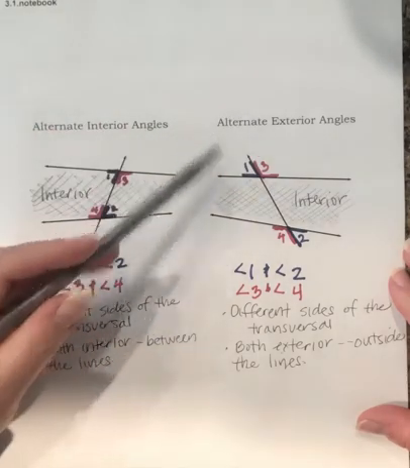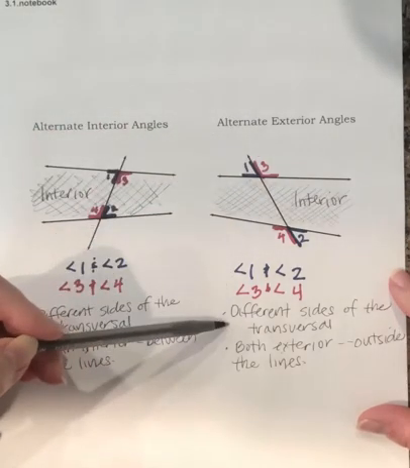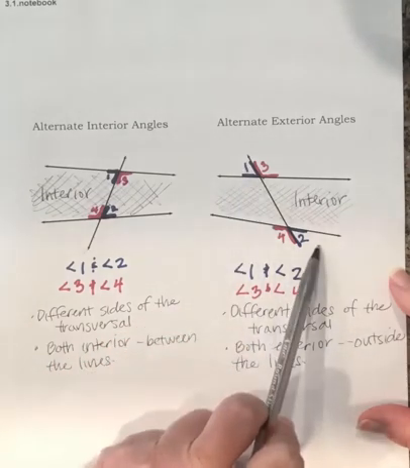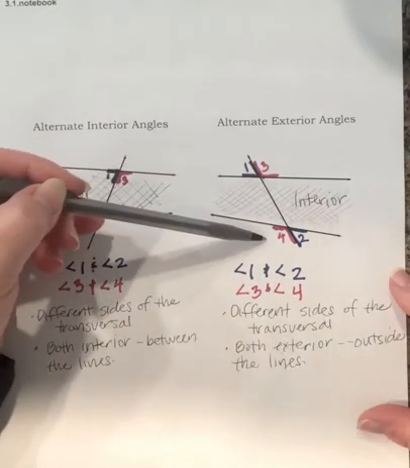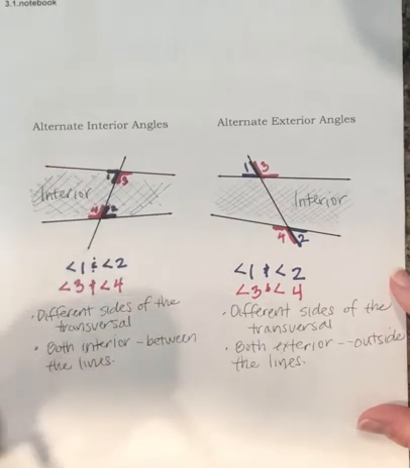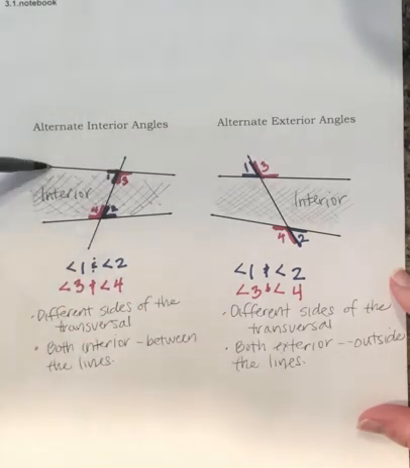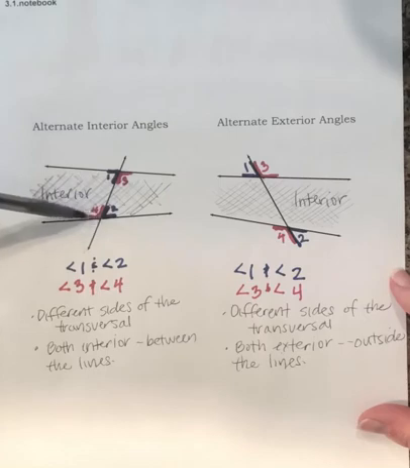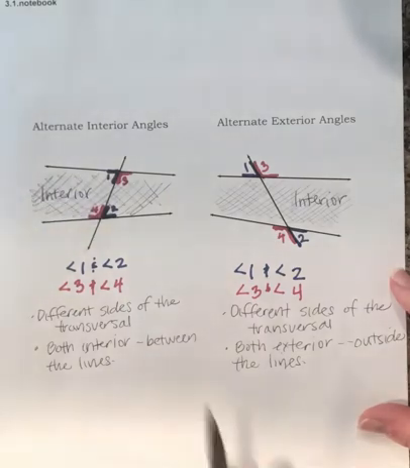So again, these angle pairs are still on different sides of the transversal, because 1 is on the left, 2 is on the right, 3 is on the right, 4 is on the left, but they're both exterior, they're both outside the lines. So alternate interior and exterior angles. A lot of people remember the letter Z, because no matter how I draw in the Z, if I use the line, the transversal, and the other line, somehow I'm going to get something that looks like the letter Z.